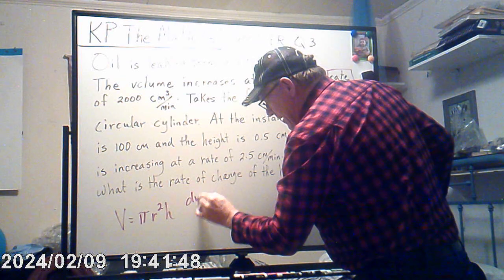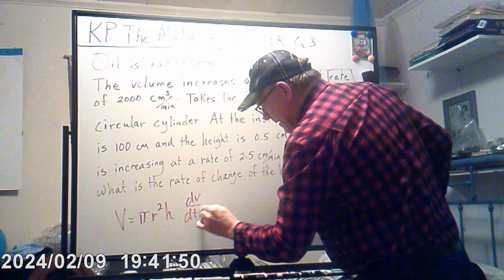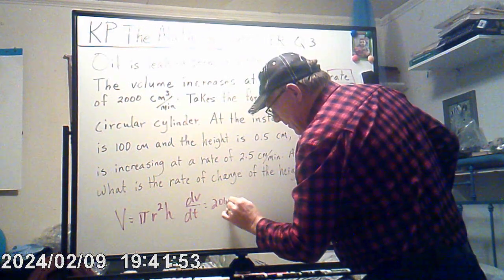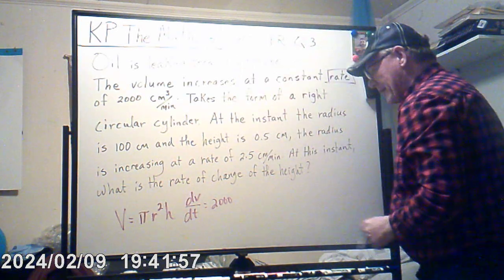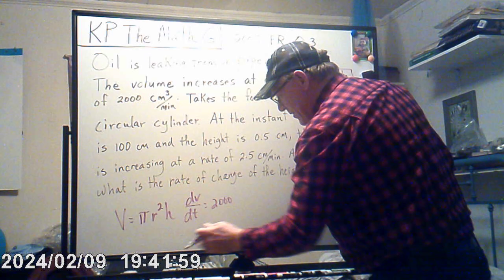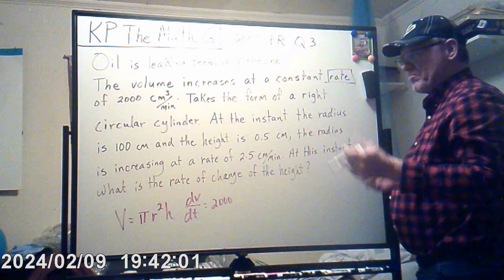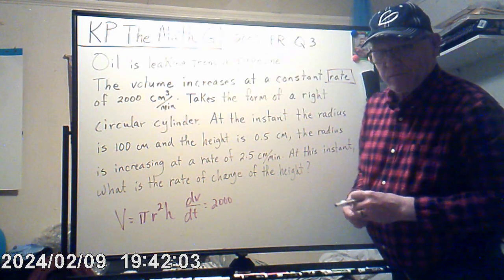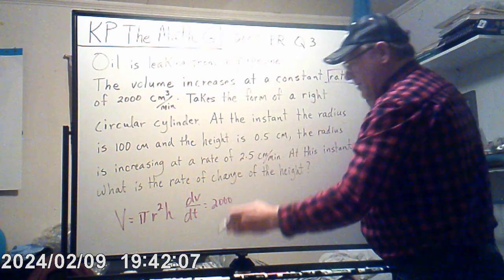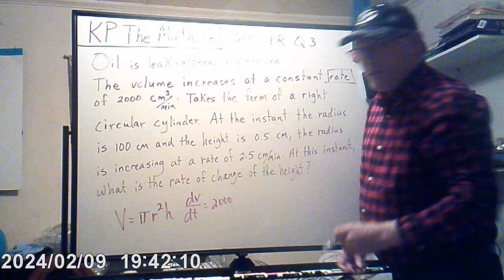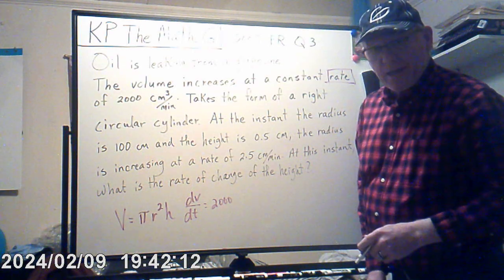So dV over dt is 2,000, and I'm not going to put the units there, just leave it like that. That's the rate of the volume. It takes the form of a right circular cylinder. We've already said what the formula for that is.